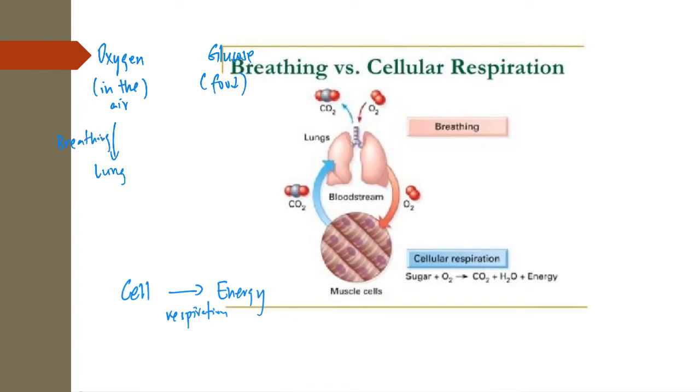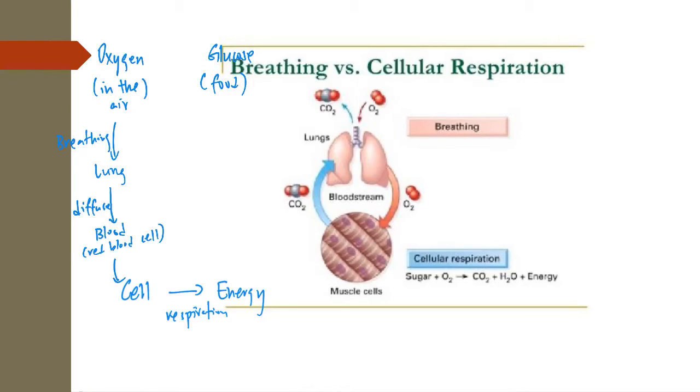After the oxygen gets into the lung, the oxygen will be absorbed, or I will use the word diffuse, into the blood, or to be more exact, inside the red blood cell. The red blood cell is the oxygen carrier, and at the end, the red blood cell will go through the whole body and pass the oxygen to the cell.